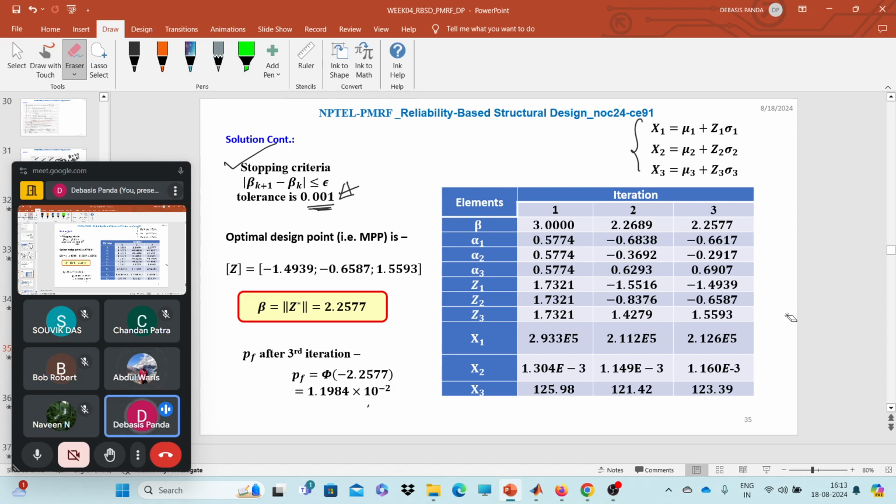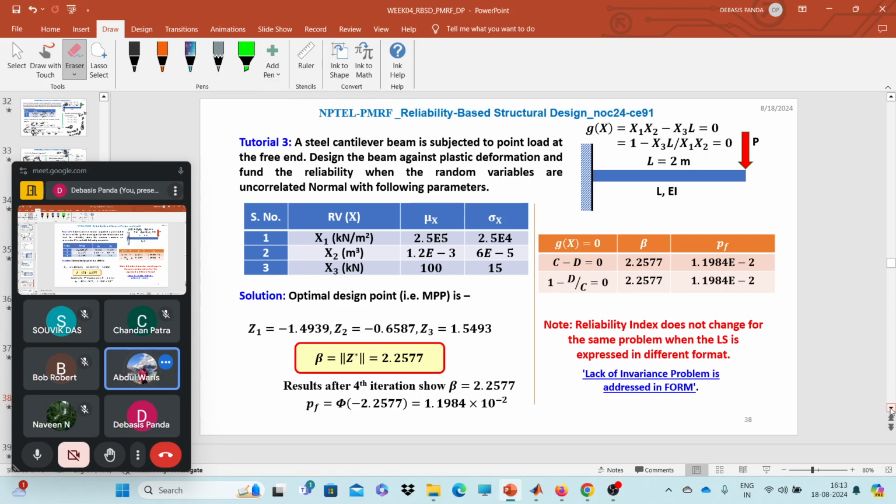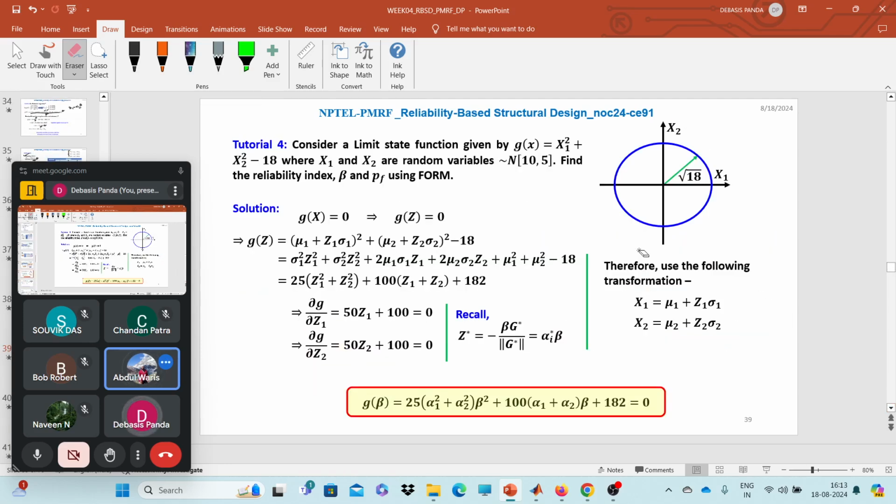Now, is it clear, or is there any doubt? Look at this problem. It says we have a circle, the equation of a circle. Now you need to find the most probable point.